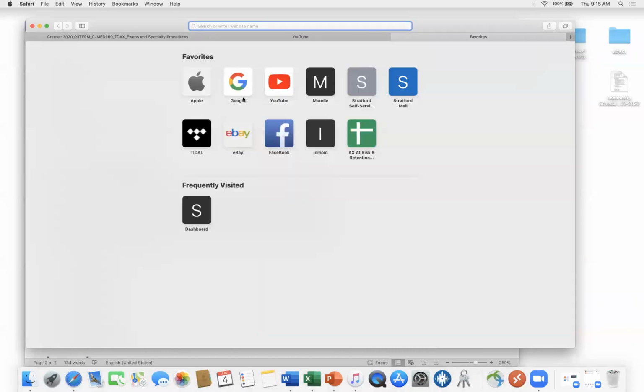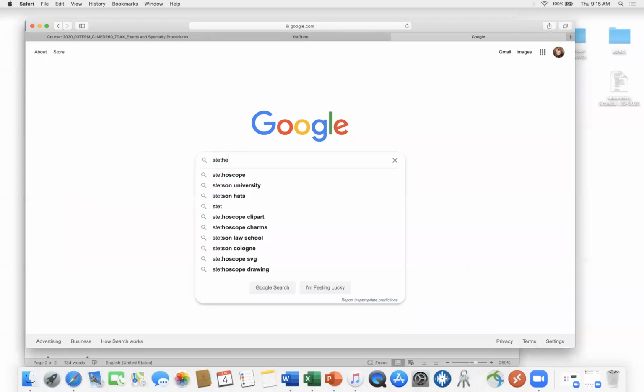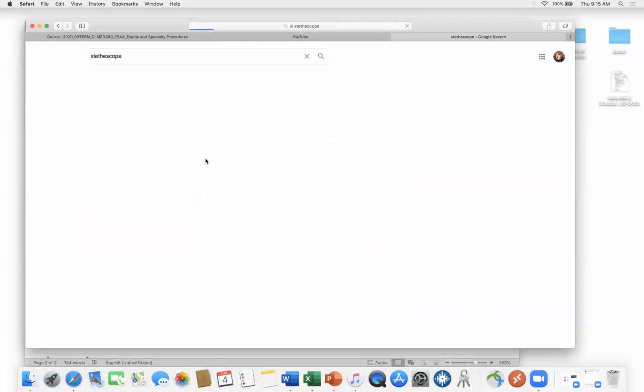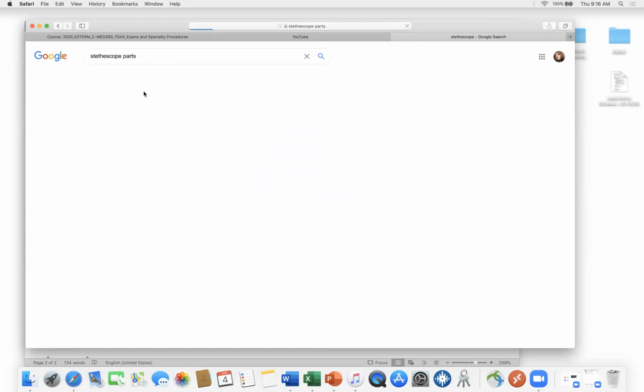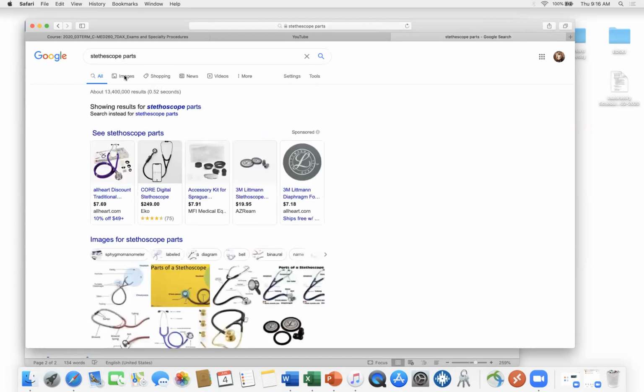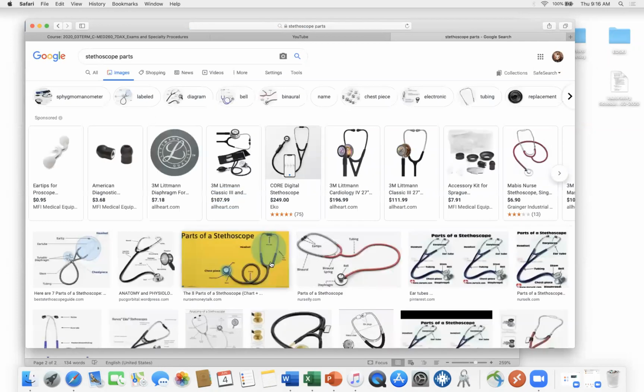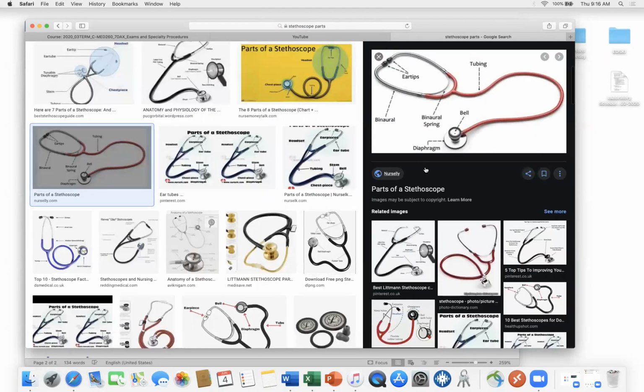Remember, the stethoscope had parts. It had this big flat part and this little cone part. The flat part is called the diaphragm, and the smaller one is called the bell.